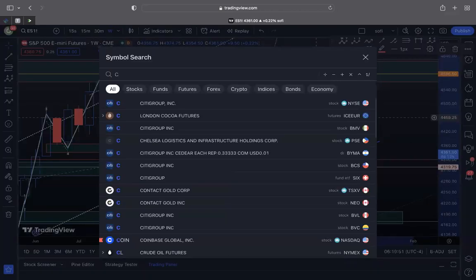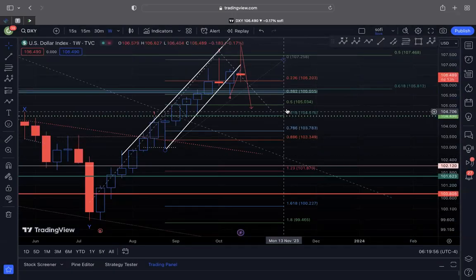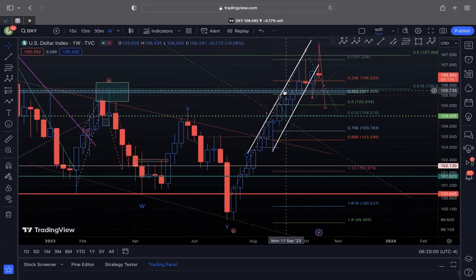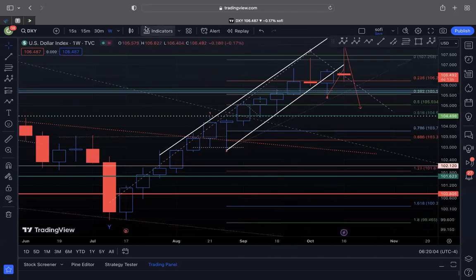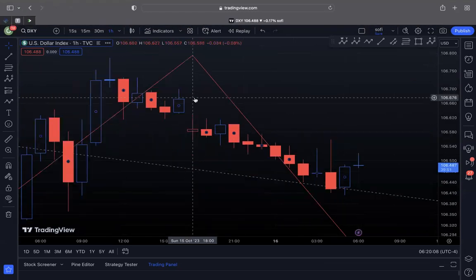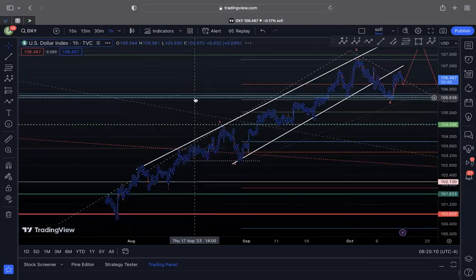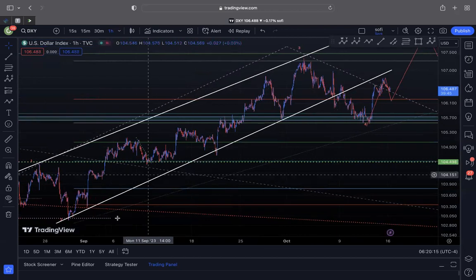With that being said, let's look at the dollar. Again, these are your key levels. You need the dollar to hold over this 105.7. As long as we stay over 105.7, then even the dollar, on the 1 hour time frame, you'll be able to see that this is the larger channel within the dollar.